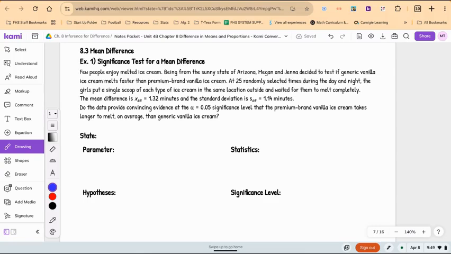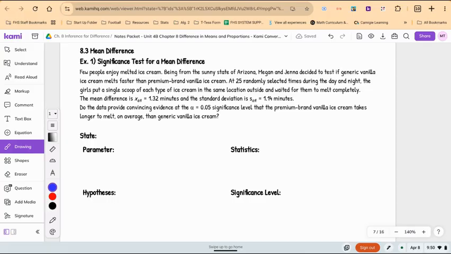The mean difference x sub diff is equal to 1.32 minutes, and the standard deviation is 1.14 minutes. Does the data provide convincing evidence at the alpha of 0.05 significance level that the premium brand ice cream takes longer to melt on average than generic vanilla ice cream?